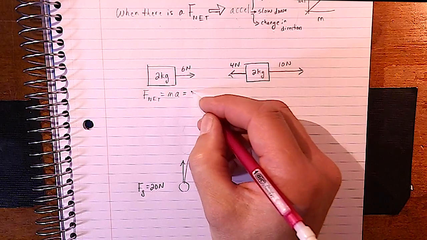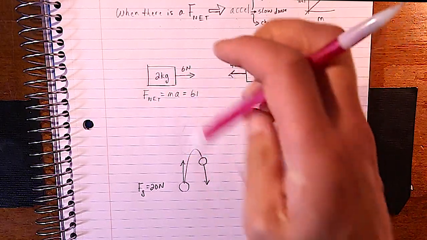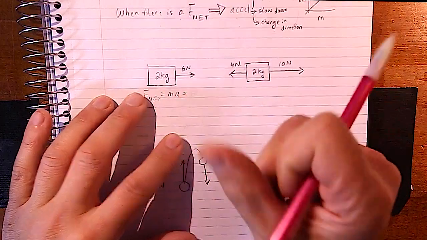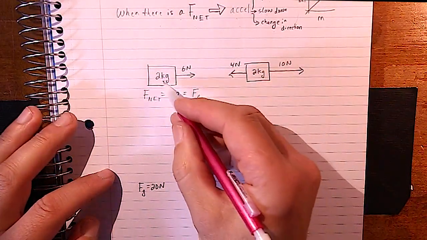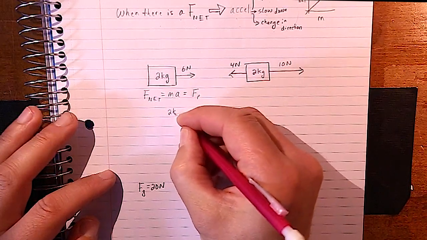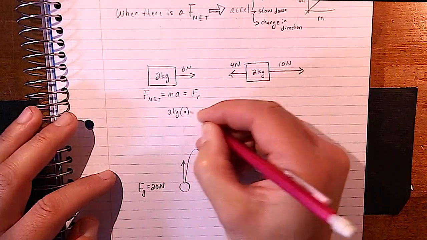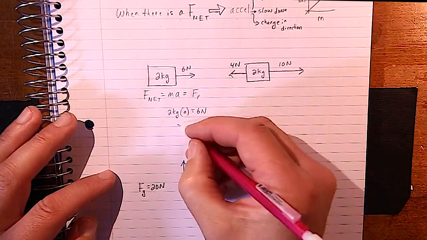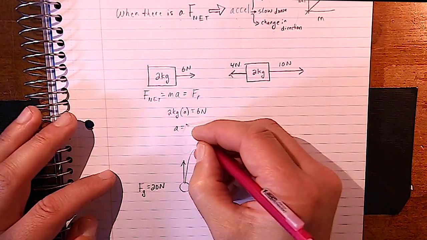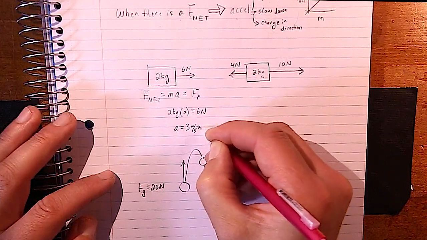Well, there's only one, 6 newtons. Actually, I'm going to write that as Fp, force of push. And then let's put our numbers in. The mass is 2 kilograms, the acceleration is unknown, and the force of push is 6 newtons. So in this case, the acceleration is 3 meters per second squared.